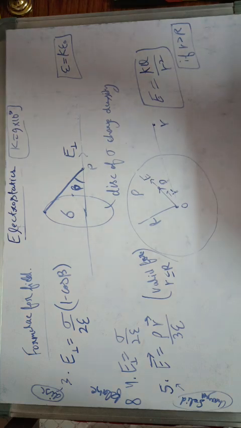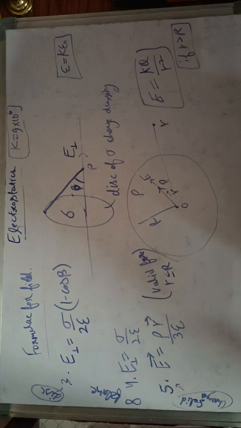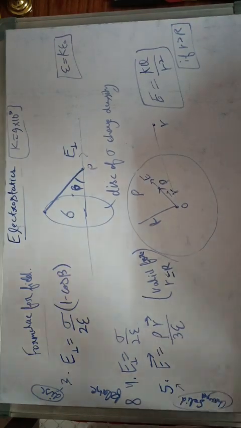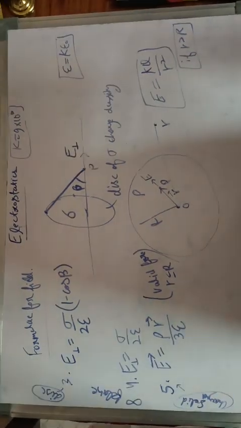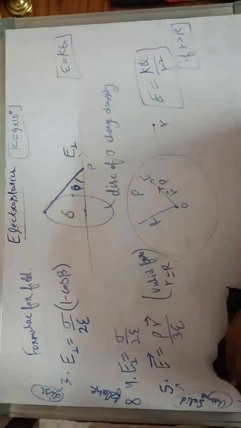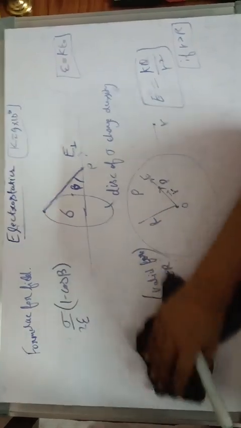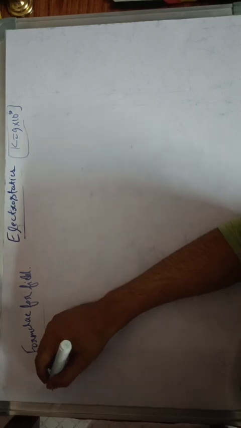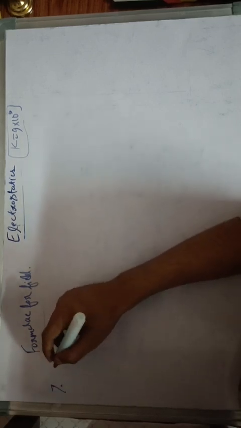And now we will need some more formulas. For example, field due to dipole. So in case of field due to dipole, let's say there is a dipole. This is maybe sixth, seventh part.